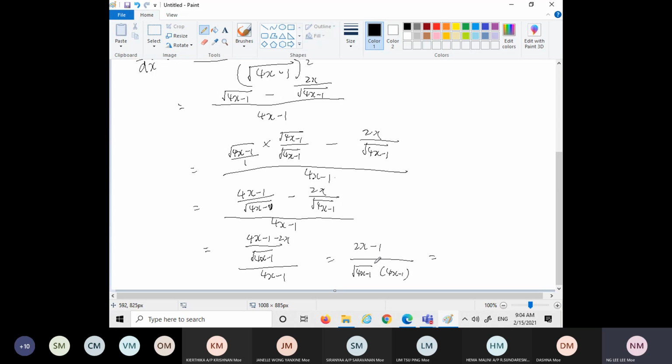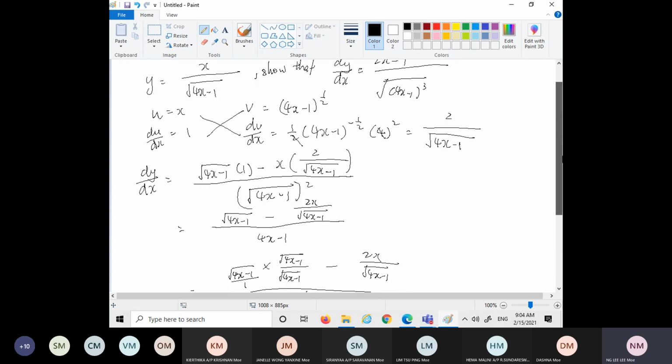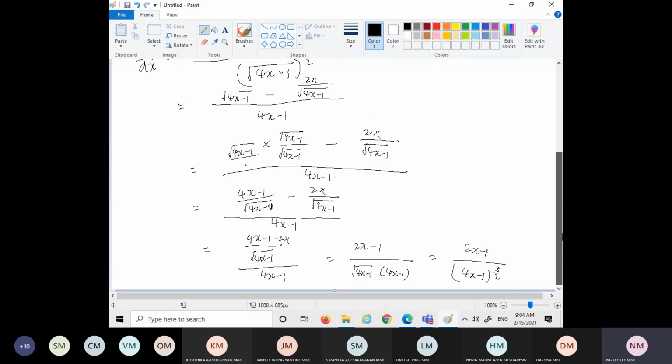This is power half, this is power 1. Therefore altogether is power 3 over 2. 2x minus 1. I think you get the answer already. 2x minus 1, and then at the bottom, you just write back the square root and power 3.